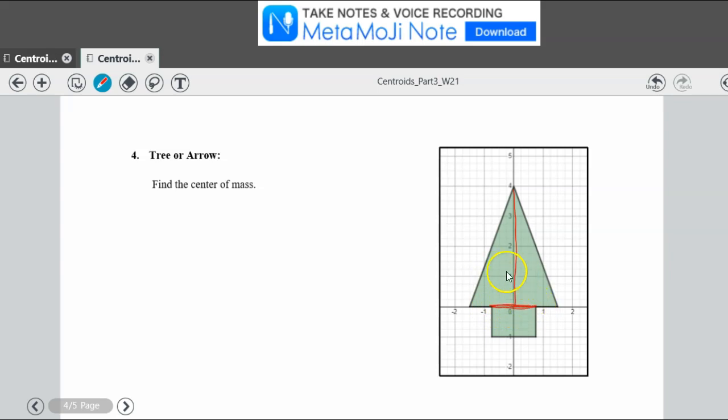For the triangles you would use your formulas to find the center of mass on each, and the rectangle is easy to find, and then use those composite ideas just like we did on this last one. So hopefully that's it, and if there are any questions on these, you can always post them in the forums.